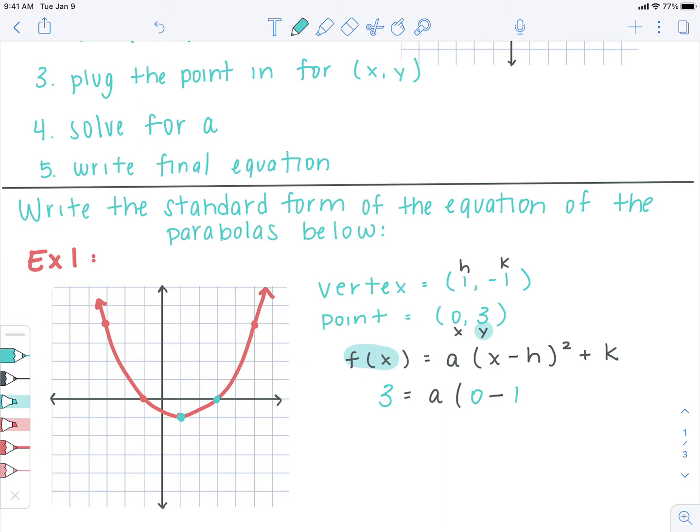So I'm plugging in a 1, close my parentheses and square it, plus my k, which is a negative 1. So I'm going to end up making it minus 1.